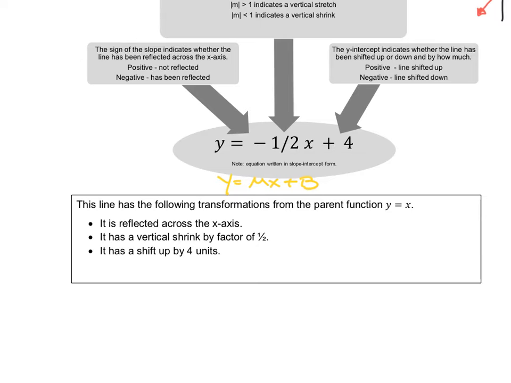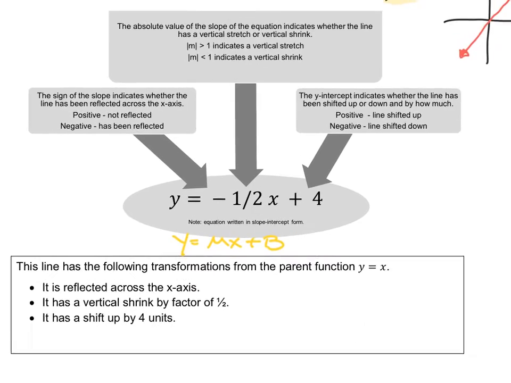A lot of times we solve for it, plot a point, and count to figure out what it is. But you could take that line and shift it right or left, shift it up or down, tilt it one way or another, depending on several factors.